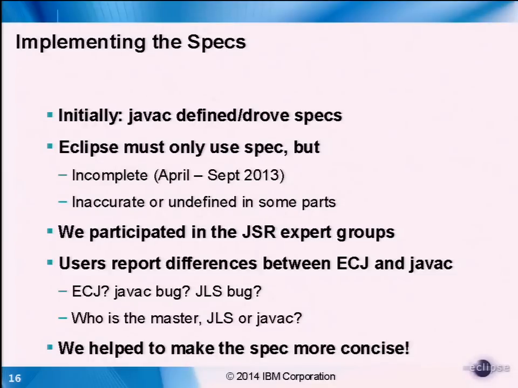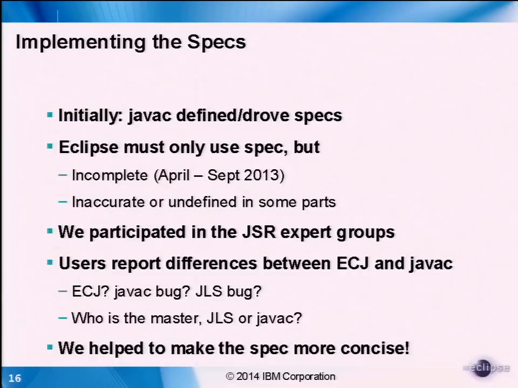The other thing that now happens, since Java 8 is out in March, is we get bugs that our compiler is not working. Oracle gets bugs that their compiler is not working. And then we have to discuss, is it our bug, is it their bug, is it a spec bug? So it's really interesting and also requires quite a lot of work.